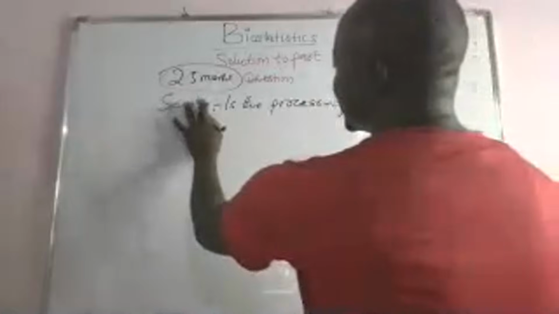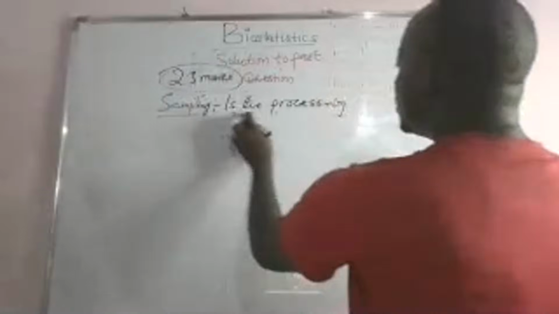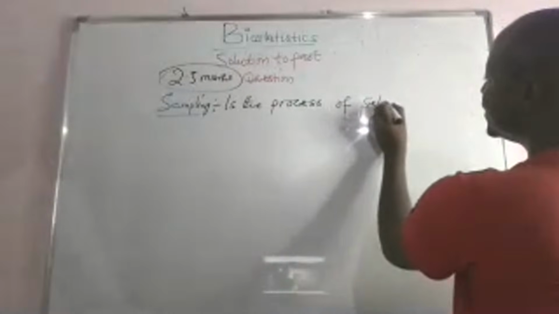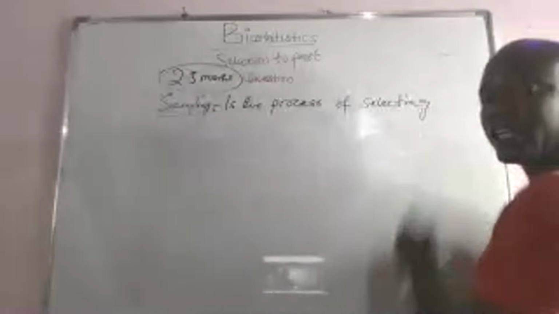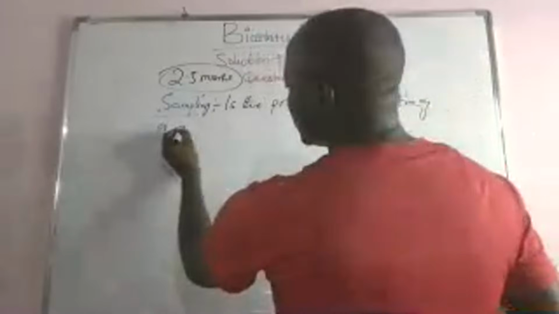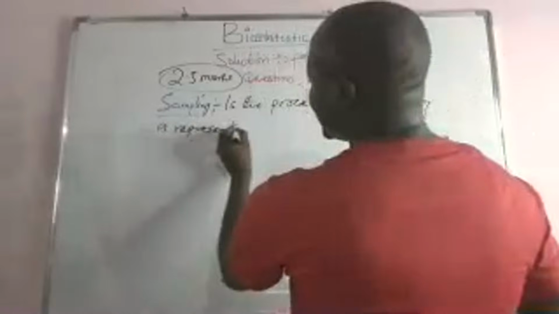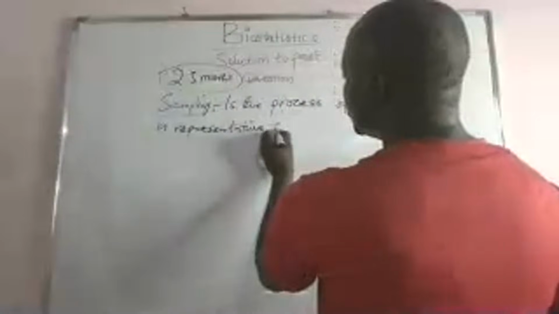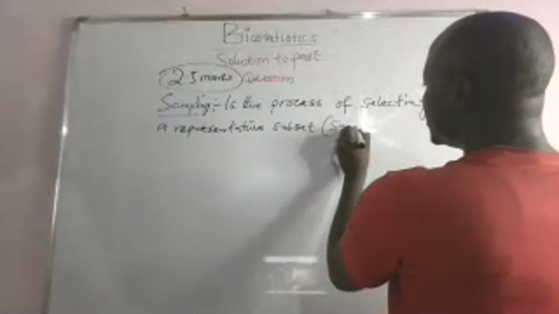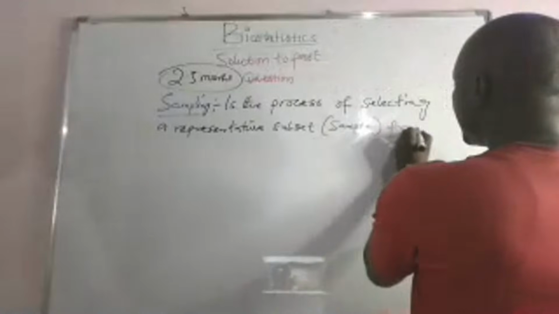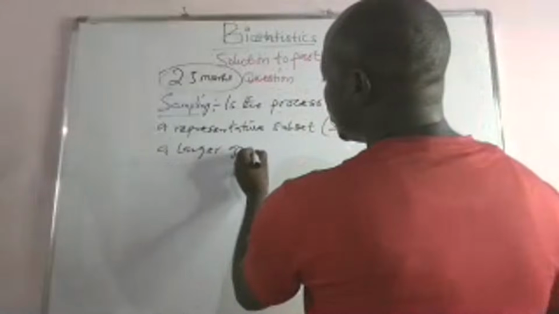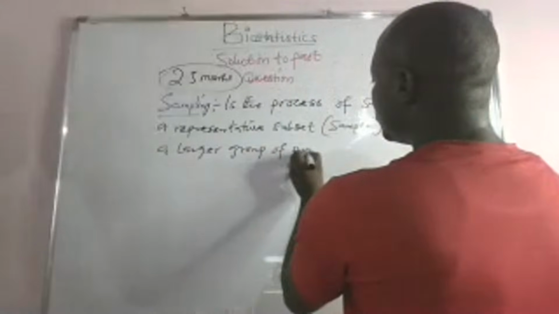Sampling is the process of selecting a representative subset, in bracket called sample, from a larger group of population.